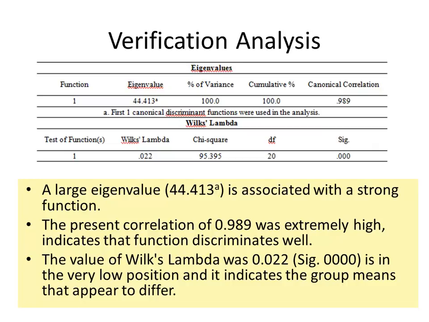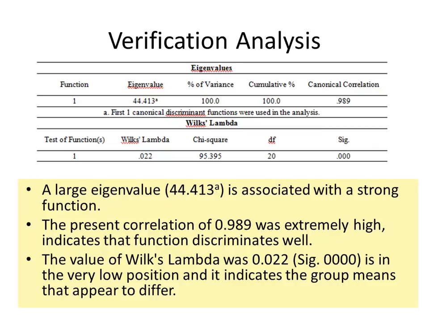Wilks' lambda is the ratio of within-group sums of squares to the total sums of squares. This is the proportion of the total variance in the discriminant scores not explained by differences among groups.